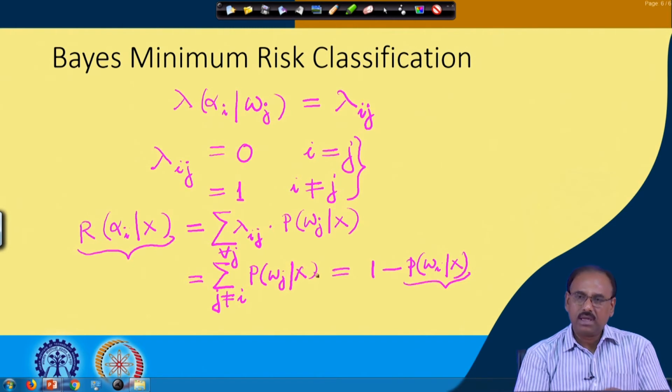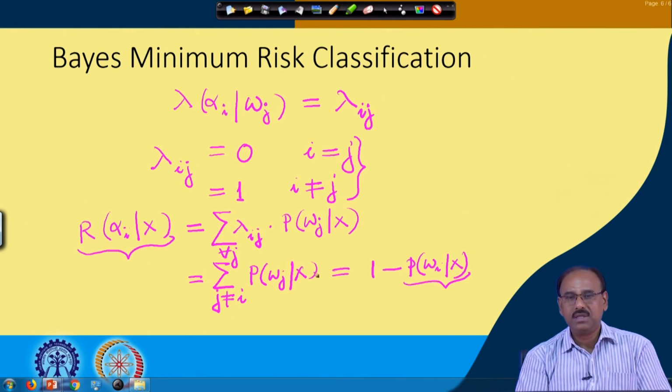So, in this particular case, when my loss function is the 0-1 loss function, that is, for every correct decision I do not incur any loss, that is, the loss function value is 0, and for every incorrect decision I incur unity loss, then under that condition my Bayes minimum risk classifier and Bayes minimum error classifier are both the same.